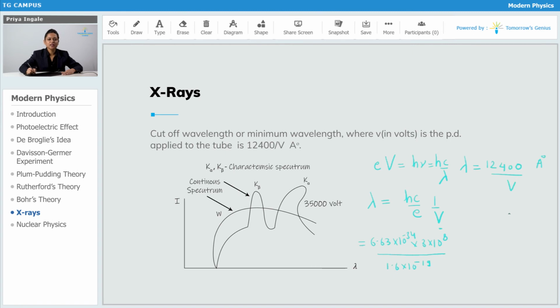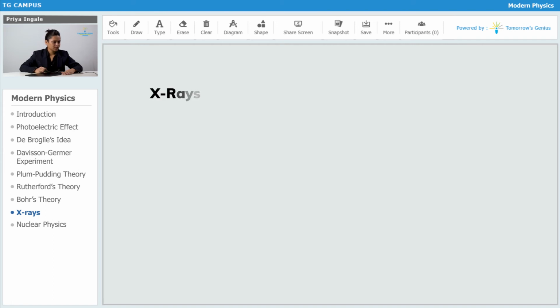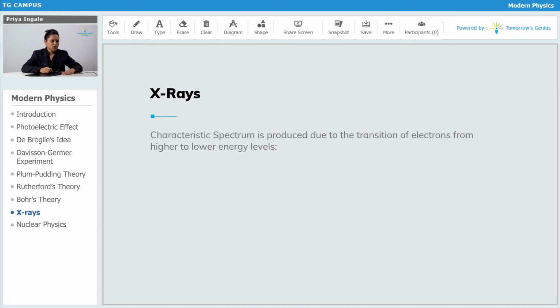Per volt I am getting this cutoff wavelength. So this is all about the calculation only, nothing else. Okay. So like I have just told you, characteristic spectrum is produced due to transition of electron from higher to lower energy levels, and we have also specified K alpha and K beta series.